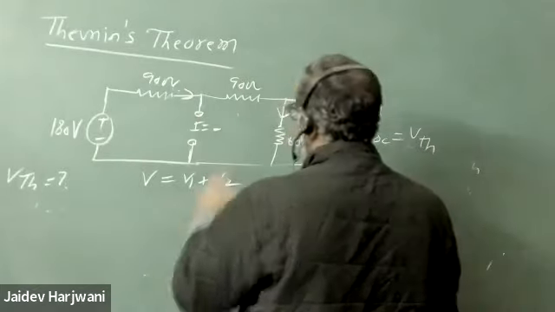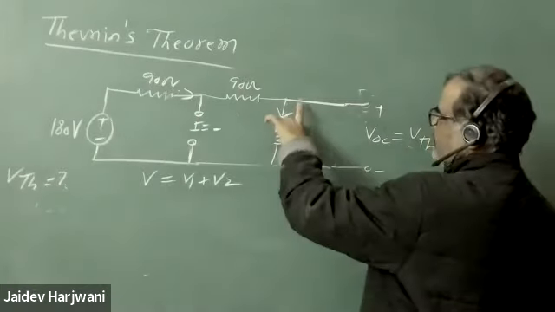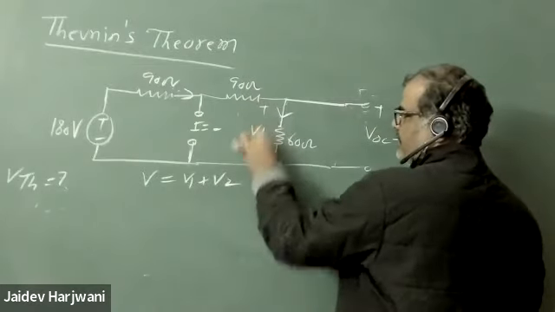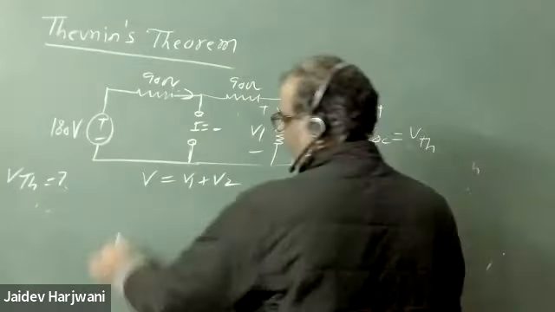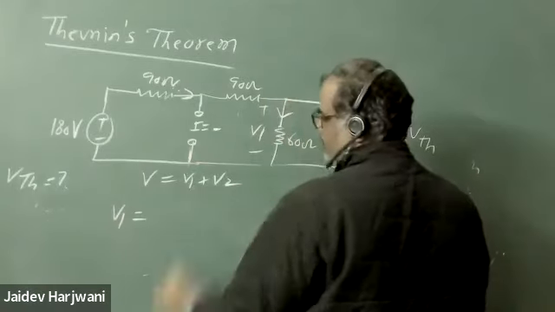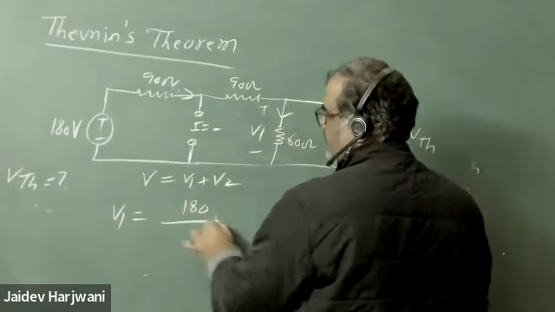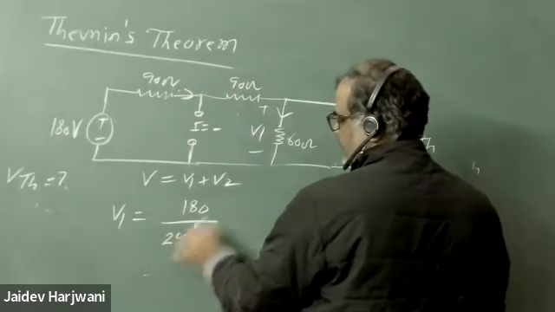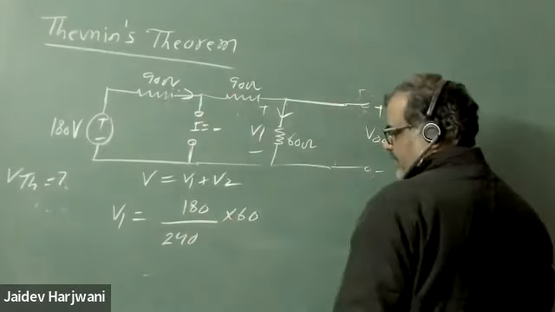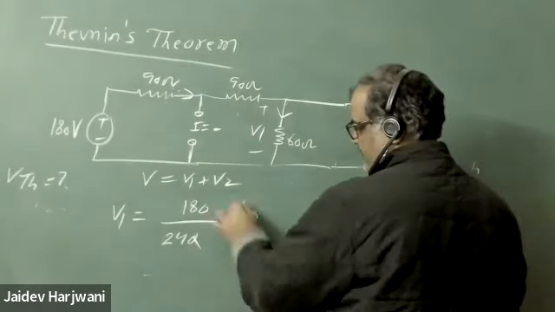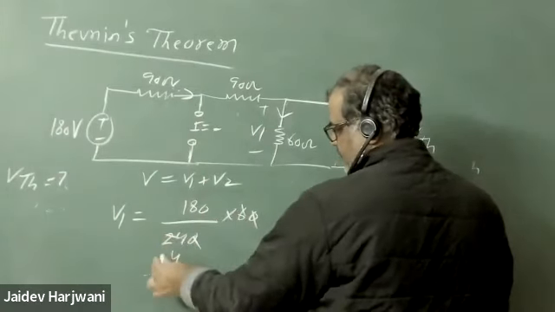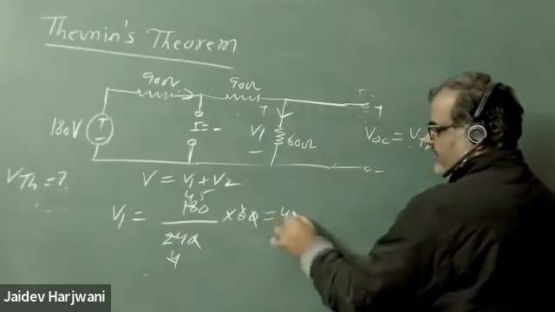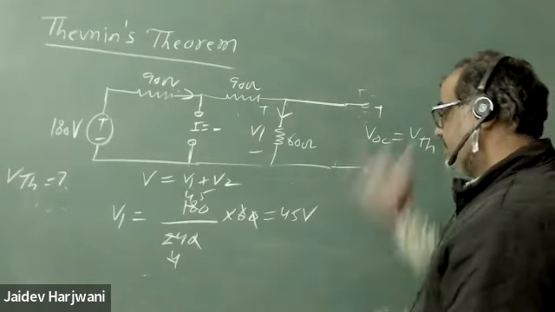So I can find the voltage across this 60 ohm. The same voltage will be VOC, that will be my V1. So V1 is equal to 180 over the total resistance of 240, into 60, which gives 45 volt. V open, V1.